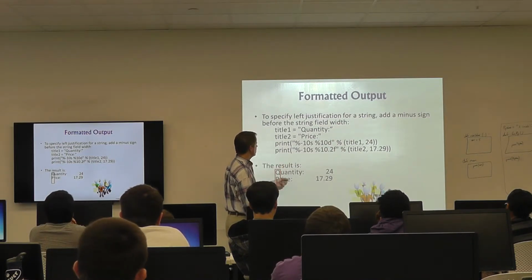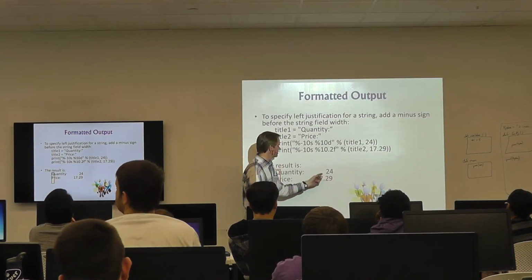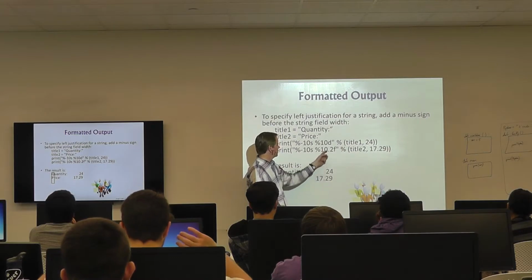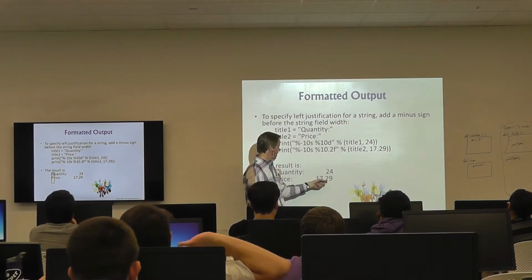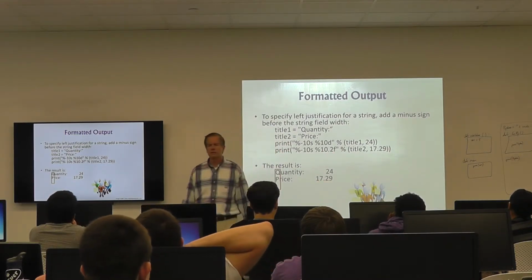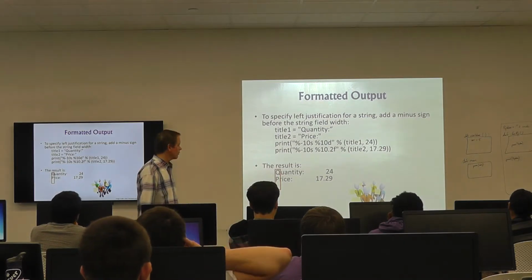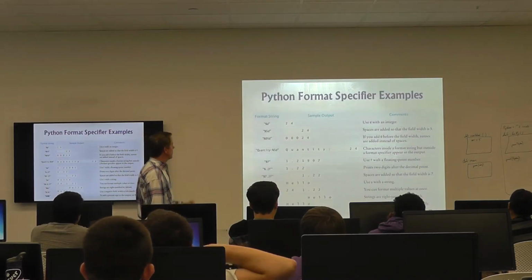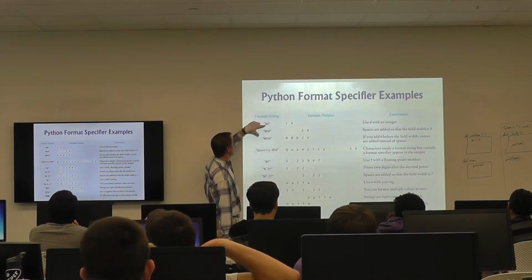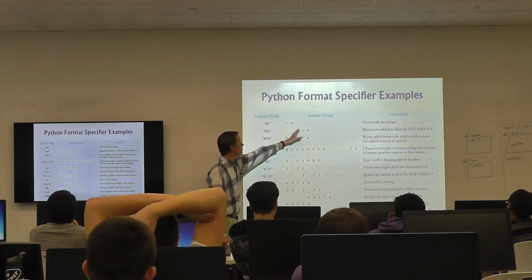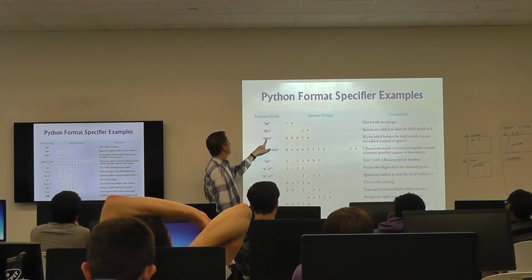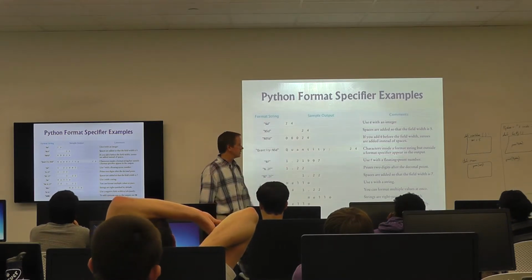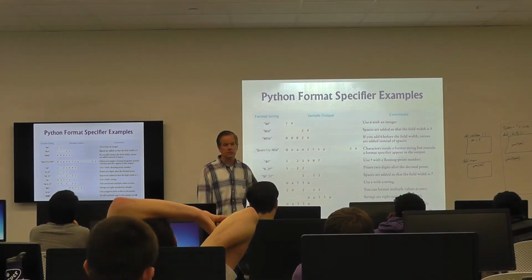And same thing here, price is left justified, and that's 10.2. Okay, so it's a 10 and 0.2, so we got 2 afterwards. This is more of what we're talking about. Especially percent D does a decimal, percent 5D does 5 spaces in a decimal, percent 05D, if you care, would actually fill in zeros, and the rest of it's there also.